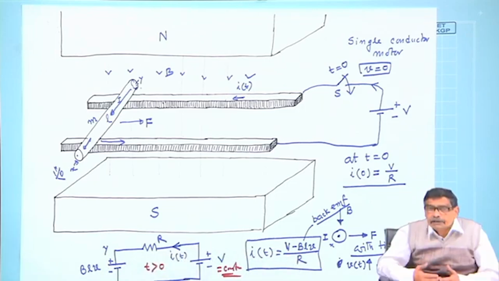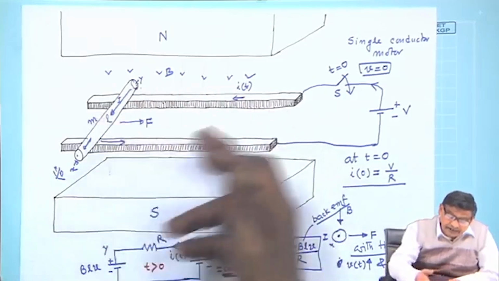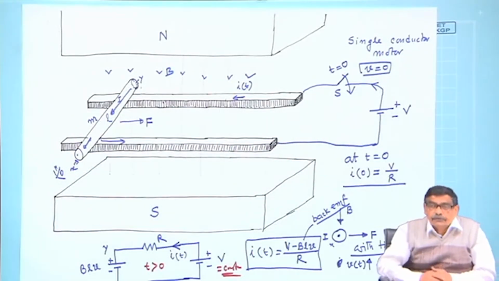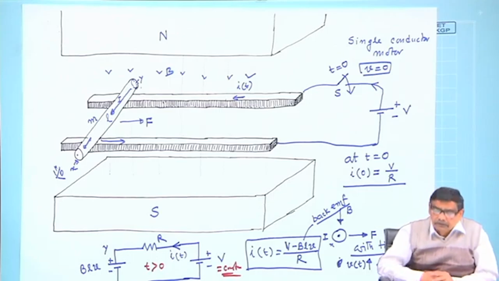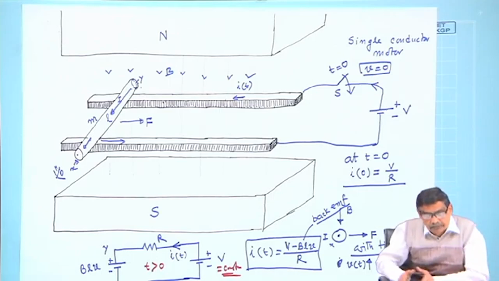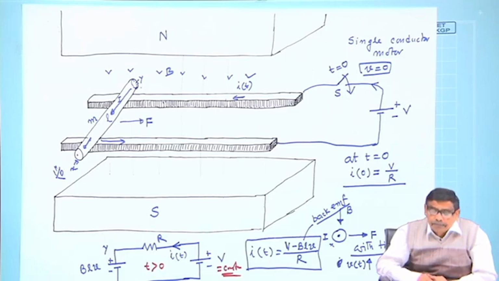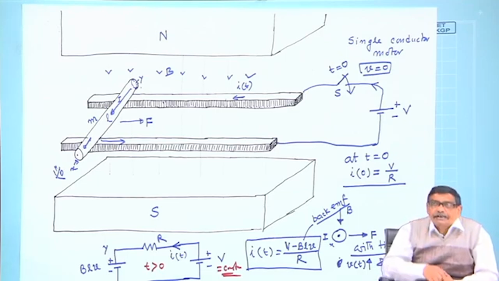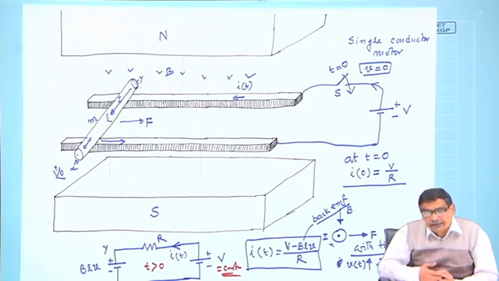So, as time passes, velocity increases. Why velocity should increase? So long as this current is there, it is positive, it is having an accelerating force. Accelerating force value will diminish with progress in time, no doubt. But so long as I(t) is there, there will be an accelerating force and speed will go up and up.